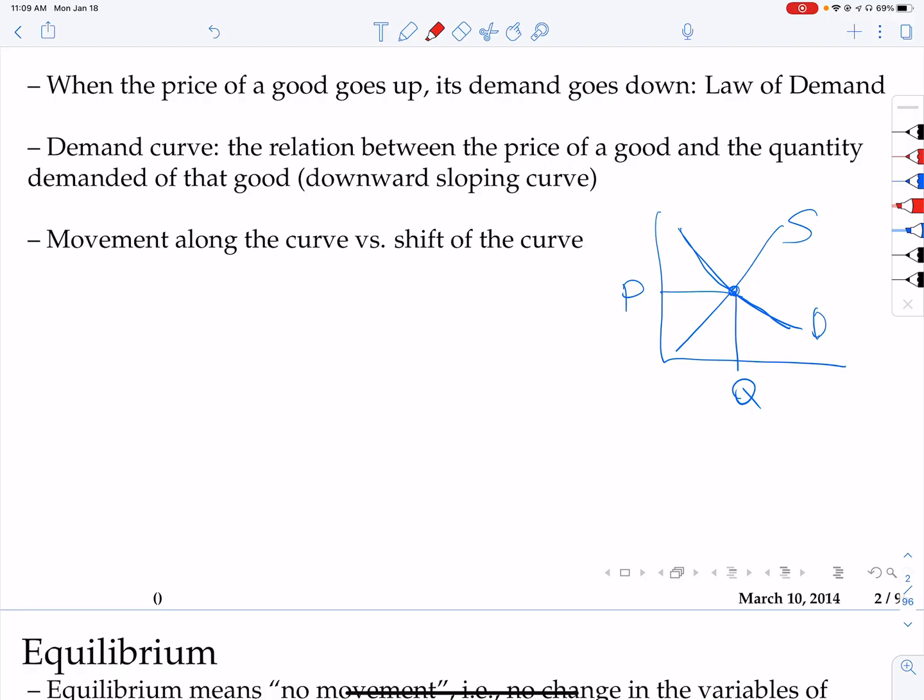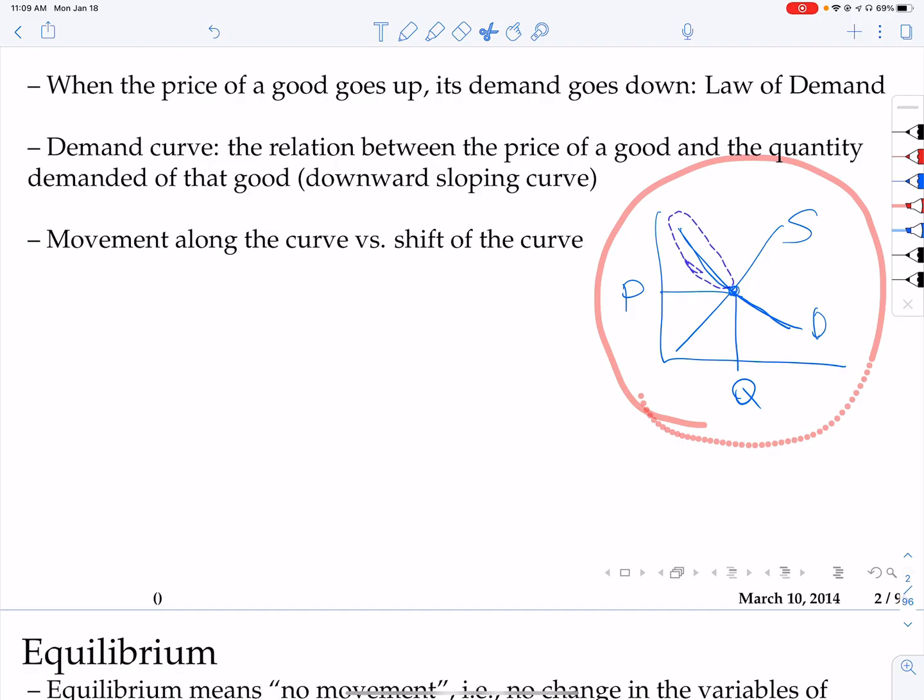So there's a funny story about this supply and demand curve. When I was a high school student, I learned this supply and demand curve thing, and it was really difficult for me.